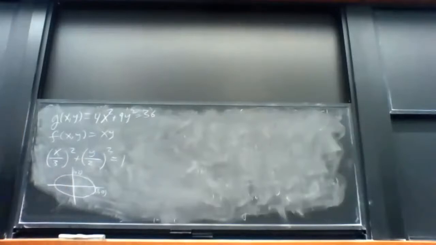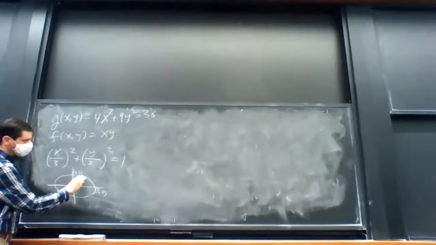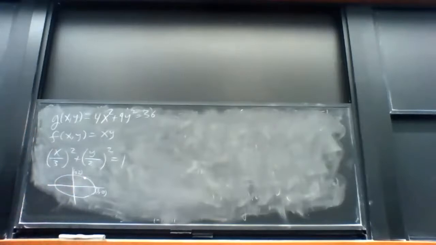Now I take some point x, y on the ellipse and I want to maximize x times y. Without loss of generality, can I assume x and y are in the top right quadrant?